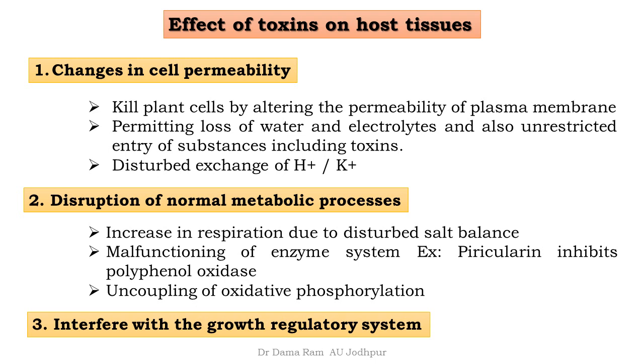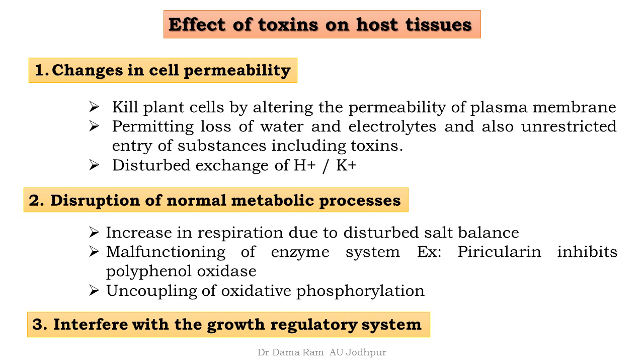In the first, cell membrane permeability: toxins kill plant cells by altering the permeability of the plasma membrane, thus permitting loss of water and electrolytes, and also unrestricted entry of substances including toxins. It also affects the cellular transport system, especially hydrogen and potassium ion exchange at the cell membrane.